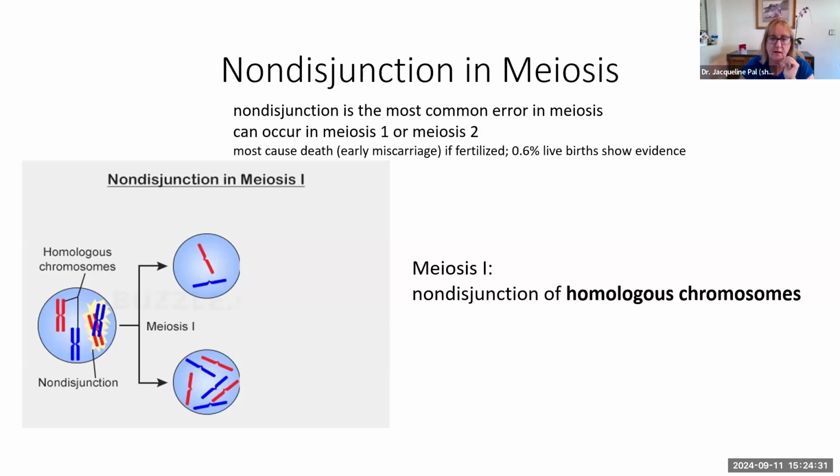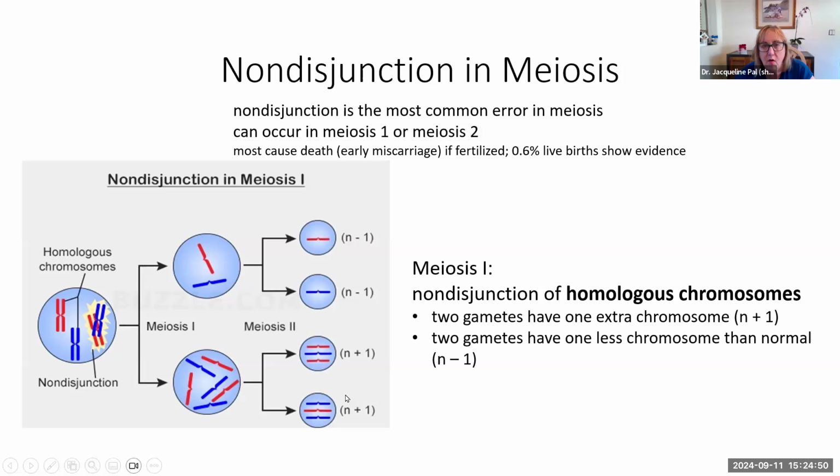So if you're only looking at, for instance, 2 chromosomes, so we've got a red set of chromosomes and a blue set of chromosomes, at the end, what you notice is that we end up with 2 gametes having an extra chromosome and 2 gametes having 1 less chromosome than normal.